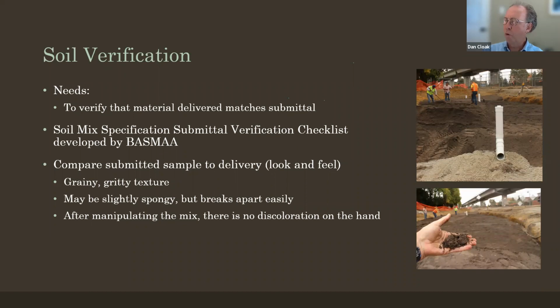It's why no native type of sandy loam or anything is used. Rather, we use this engineered soil, and it needs to be checked to make sure that it does not have a substantial clay component. If all those things are true, then it's fairly reliable that this will continue to infiltrate at the required 5 inches per hour over a long period of time.